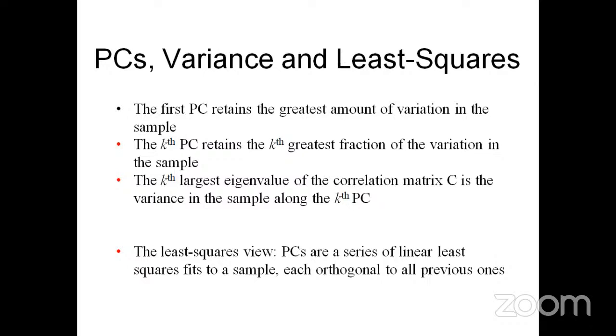The kth largest eigenvalue of the correlation matrix C is the variance of the sample along the kth PC. In the least squares view, PCs are a series of linear least squares fits to a sample, each orthogonal to all previous ones.